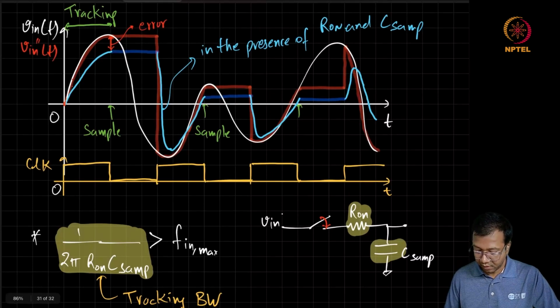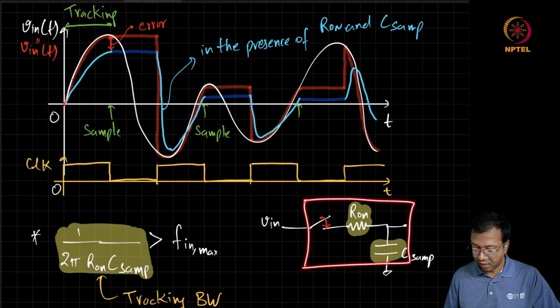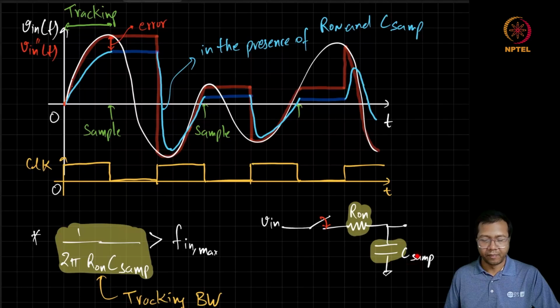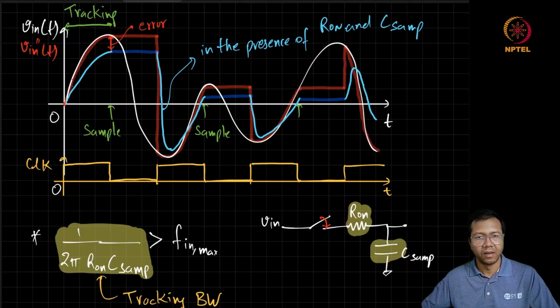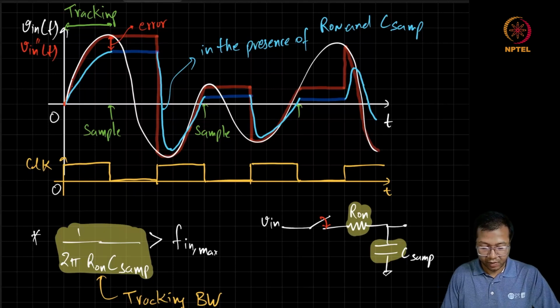So you can see that the tracking bandwidth is getting limited by this property of the switch itself. And even though there is no separate sampling cap added in the circuitry, the switch itself may have its inherent parasitic capacitance. So this product of R on into C parasitics of the switch is going to directly limit what is going to be the tracking bandwidth in a given technology.